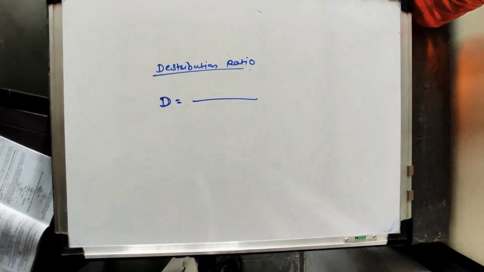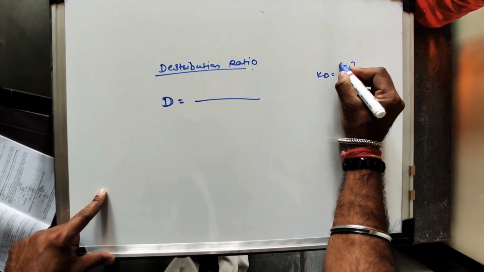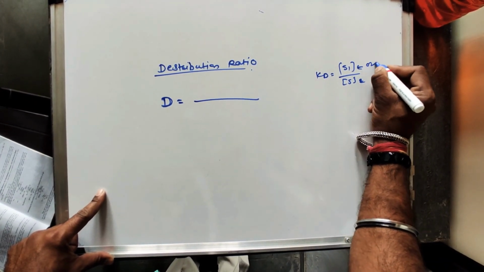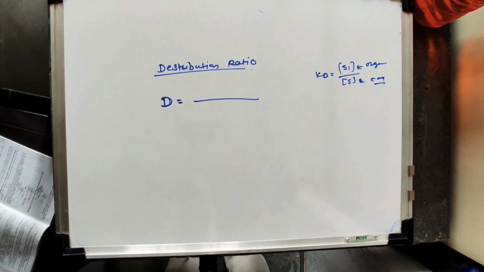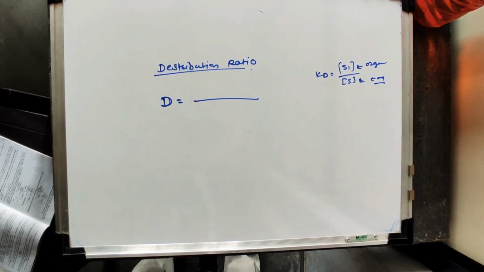Right? Generally, we take the distribution coefficient as Kd equal to S1 upon S2. We consider here this is the organic phase and this is the aqueous phase, say phase 1 or phase 2. Generally, at our TYBSc level, we consider S1 as the organic phase and S2 as the aqueous phase.